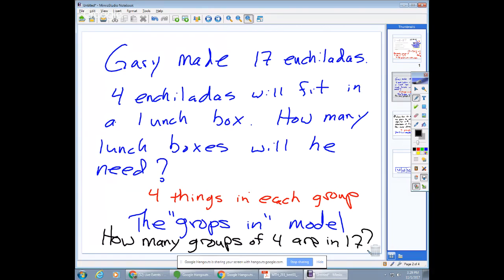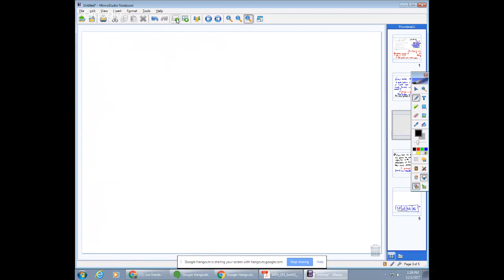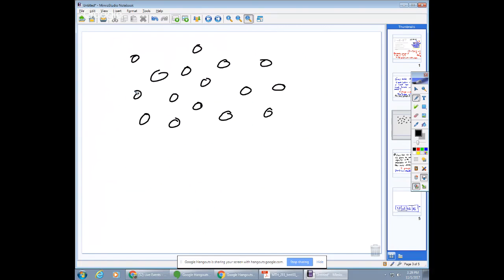Why is the answer 4 with 1 left over? I can show you. So the picture that would go with this one would look more like this. Here's all my enchiladas. 1, 2, 3, 4, 5, 6, 7, 8, 10, 11, 12, 13, 14, 15, 16, 17. Now this time I'm looking for groups of 4, right?